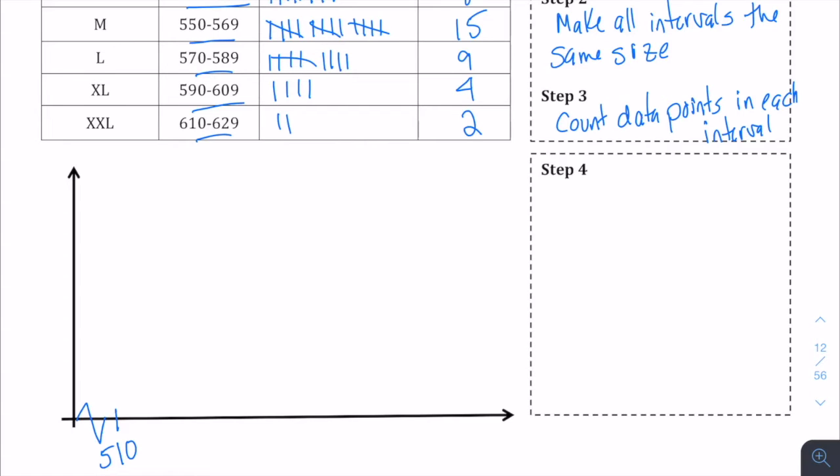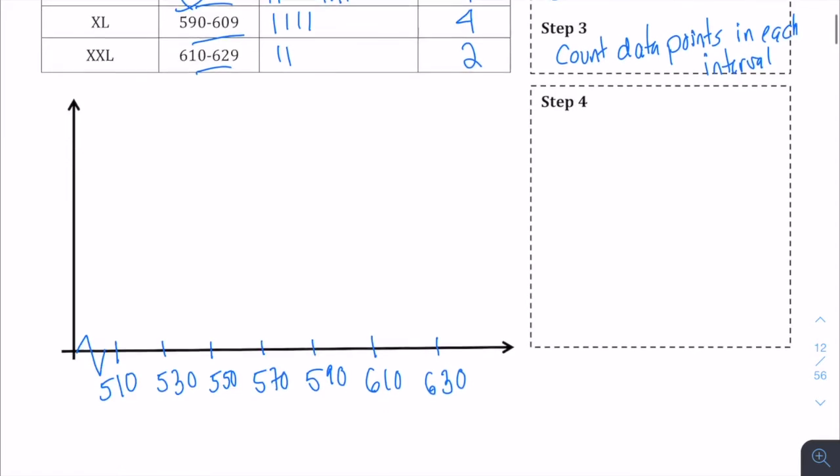So we're going to make marks that basically show the beginning number of each interval. So 510, 530, 550, 570, 590, 610. And I forgot, we really do need 630 as the next mark there. Okay, so we have the scale there.